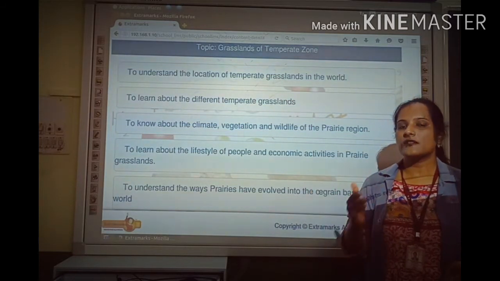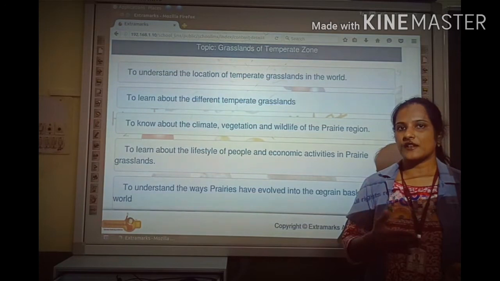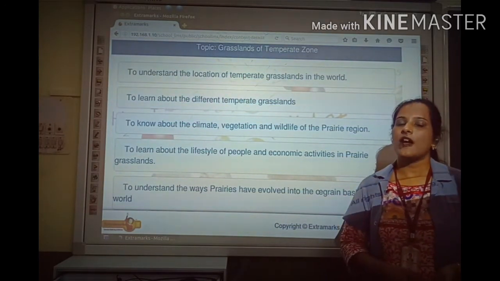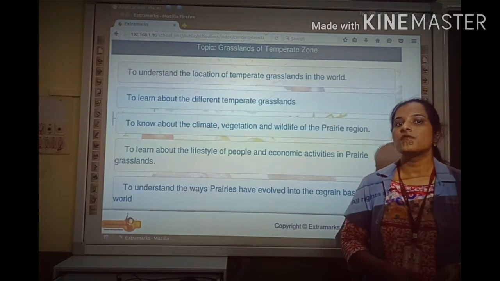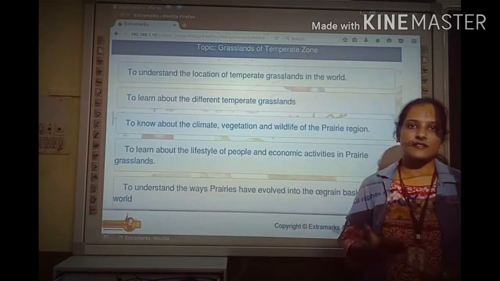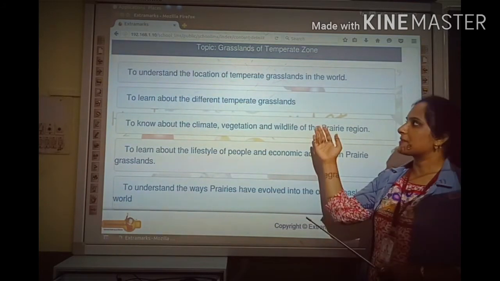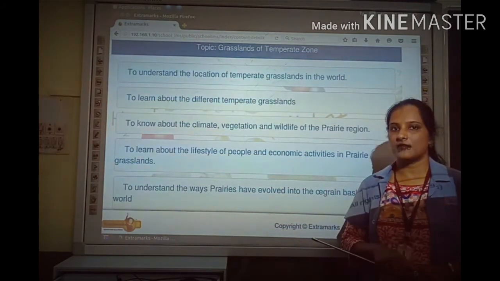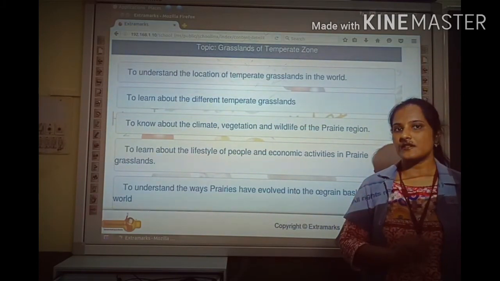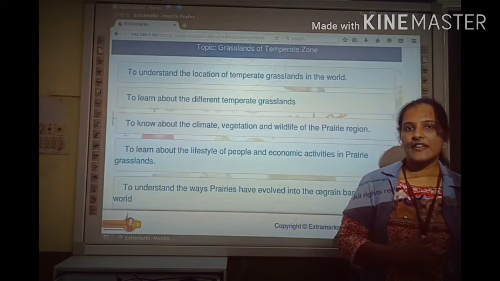The zone receiving the maximum amount of heat and light from the sun is the torrid zone, and the zone receiving a moderate amount of heat and light from the sun, experiencing a moderate climate, is the temperate zone. And the third one is the frigid zone, which doesn't receive heat and light from the sun, or receives very little.